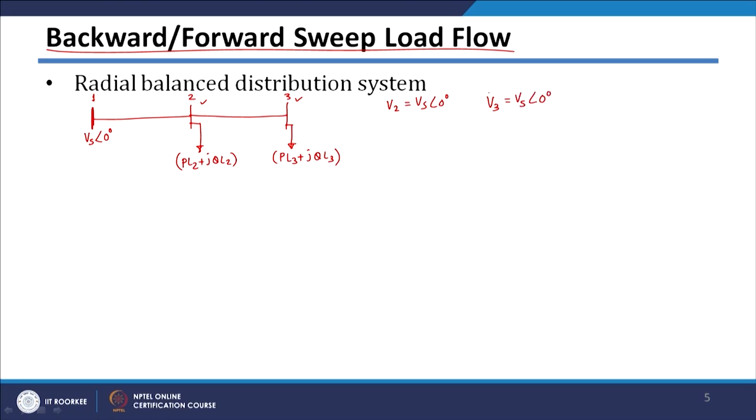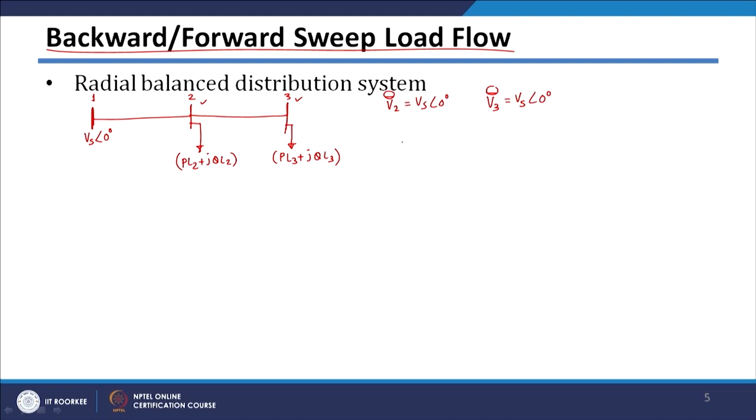If you put a bar on this it will be actually a vector quantity, but for brevity many times I will not write this bar here. So, V2 will be your complex quantity or vector as well as your V3. So, in this case we can calculate the load currents at each bus.